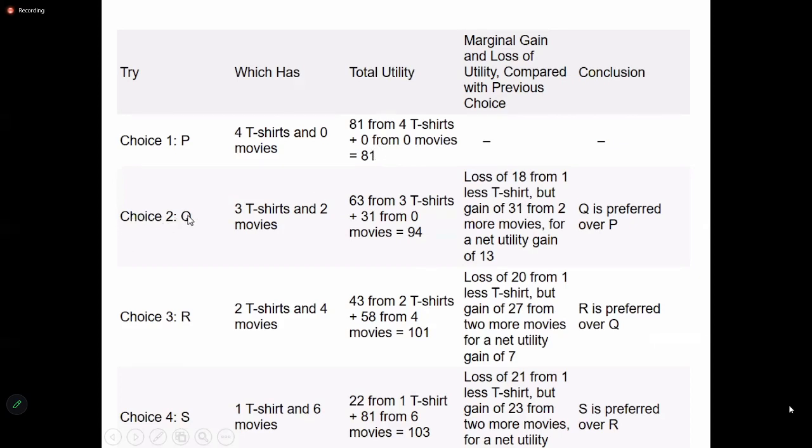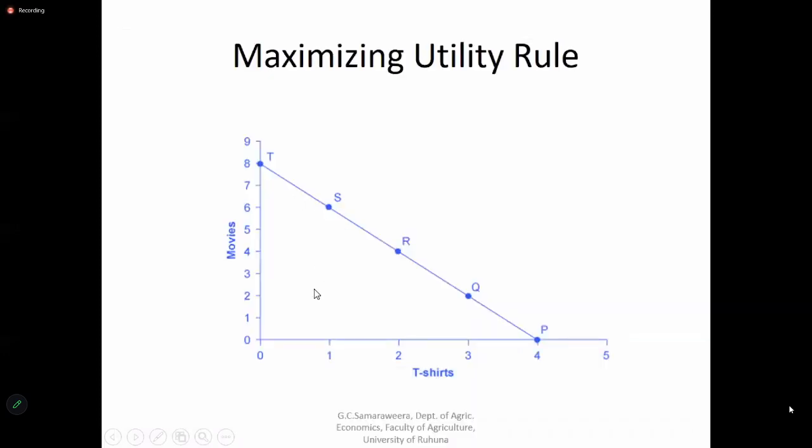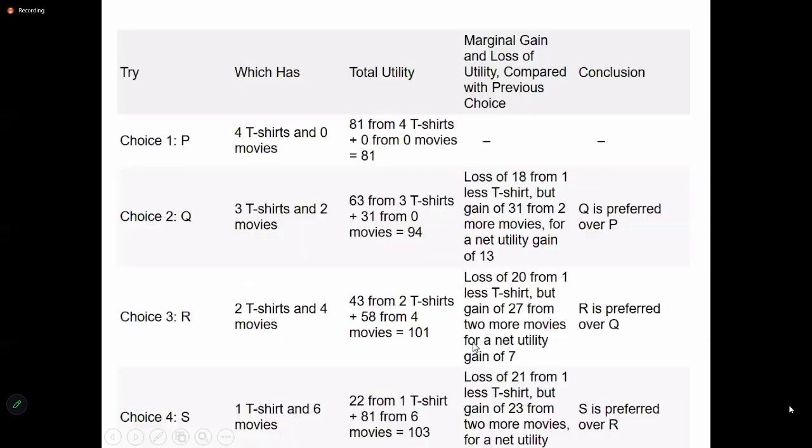Then let's say choice 2, the consumer is at point Q. At point Q, that consumer has 3 t-shirts and 2 movies.